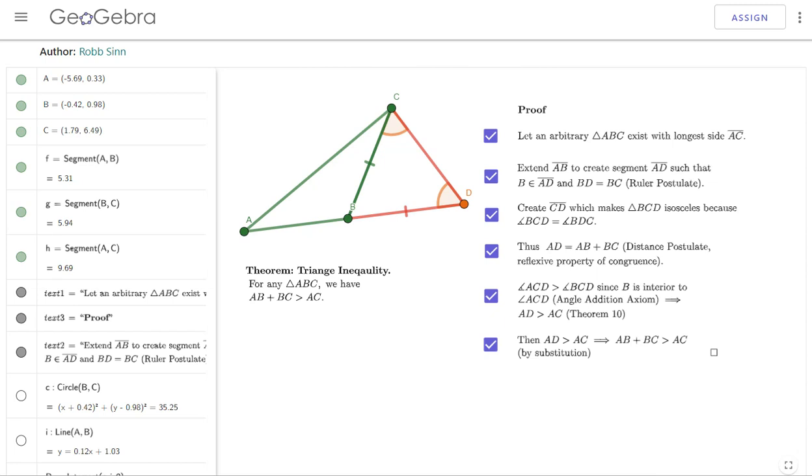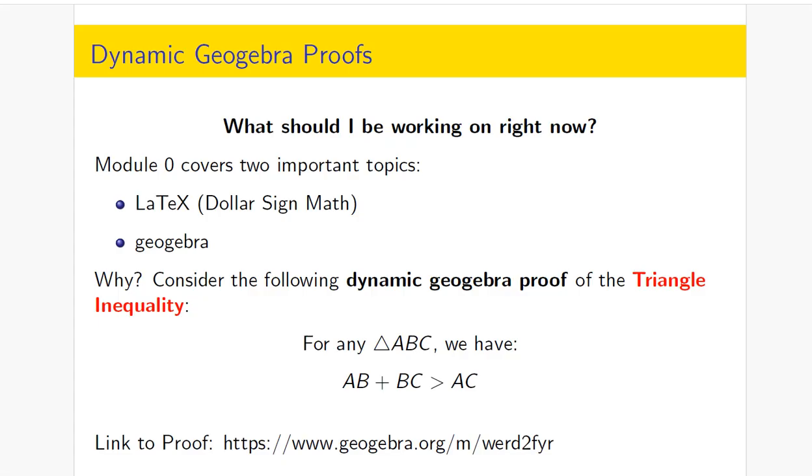If there happens to be a typo or a mistake in the proof, we can just fix it in GeoGebra and the link is still correct, and then the proof gets corrected. So it makes life really easy in geometry class to learn how to do these dynamic GeoGebra proofs and to create a free account at GeoGebra that will allow you to save your drawings and post links to them.